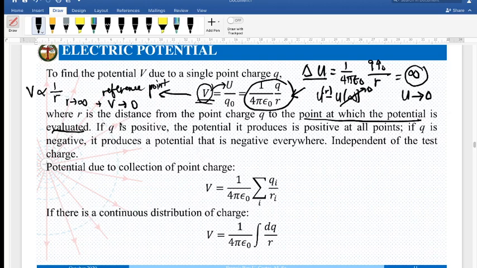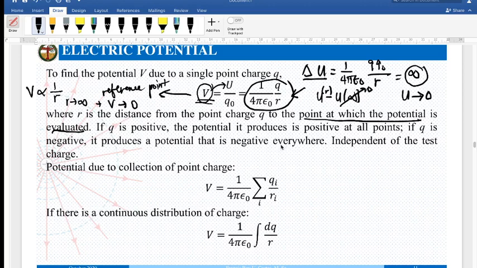Okay? So if q is positive, as you can see here, the calculation of our electric potential is straightforward. Meaning if q is positive, then of course the potential it produces is also positive. The potential produced anywhere in space must be positive.